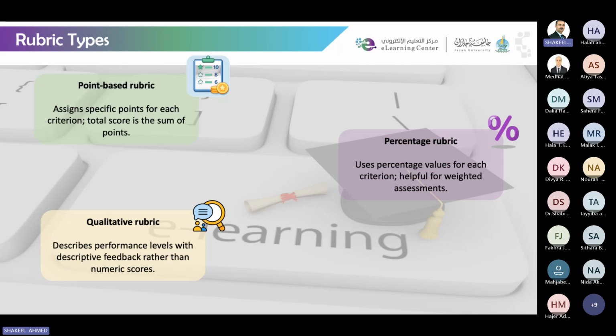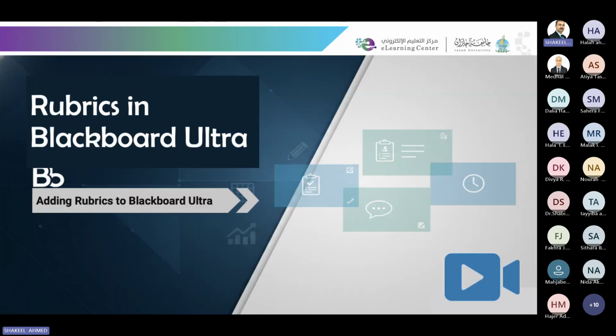Sometimes you have assignments that don't belong to the gradings, but you want to give a complete and detailed feedback on their assessment. The qualitative rubric works there. All three rubric types are really important, so at the time of creation, keep in mind what you are actually looking for and which type is important for you.